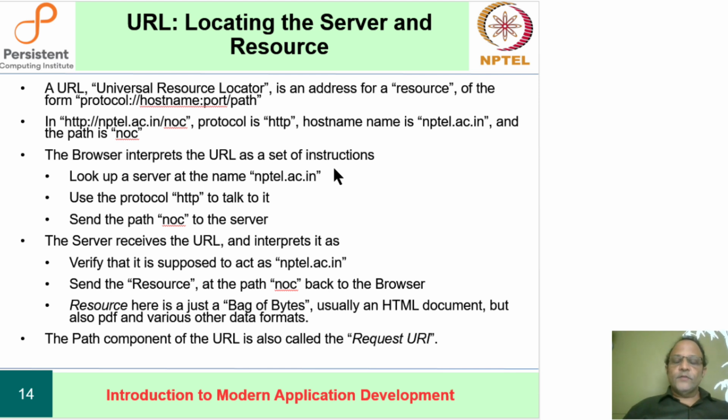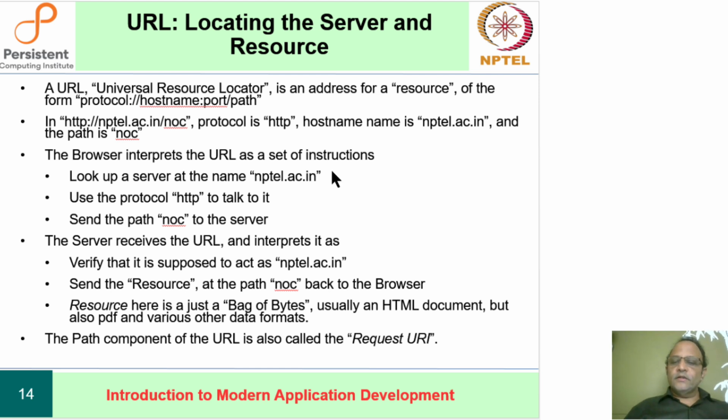And here is what the server does next. It receives the URL and interprets it as the following sequence of instructions. First, verify that the server is supposed to act as the server called nptel.ac.in. This is done by means of configuration that is known to the server.